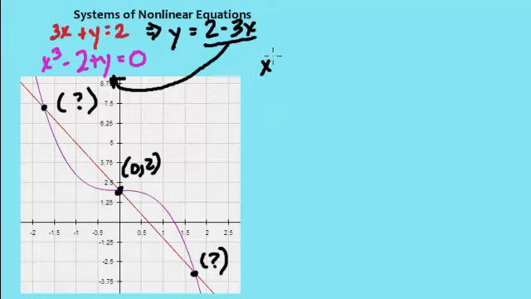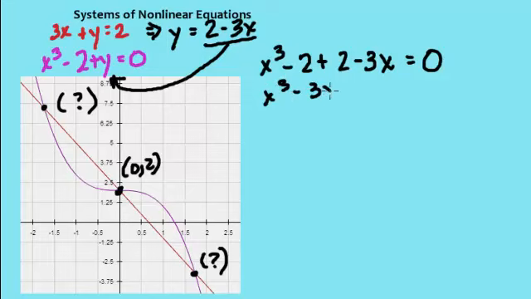So I have x cubed minus 2 plus 2 minus 3x equals 0. All right, looks like my 2's drop out. So I've got x cubed minus 3x equals 0. Nice. I'll factor this.